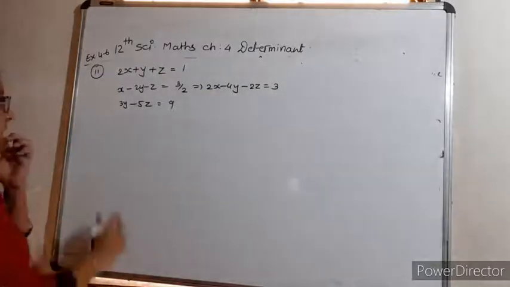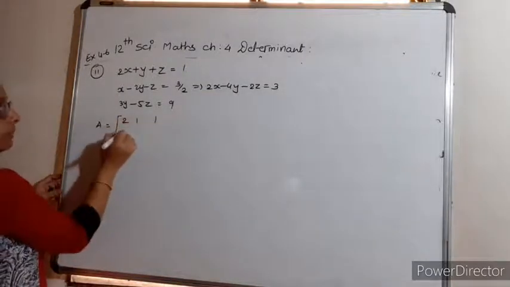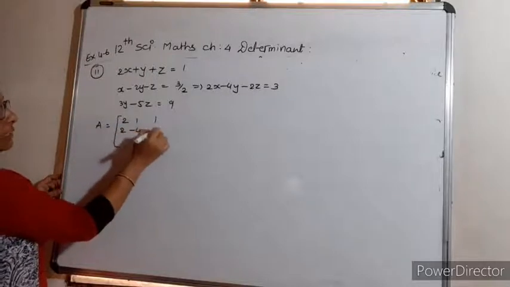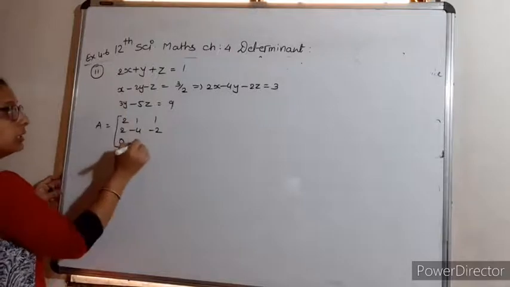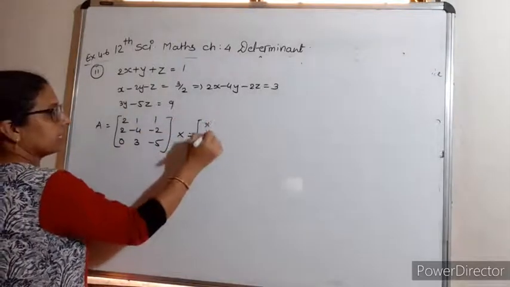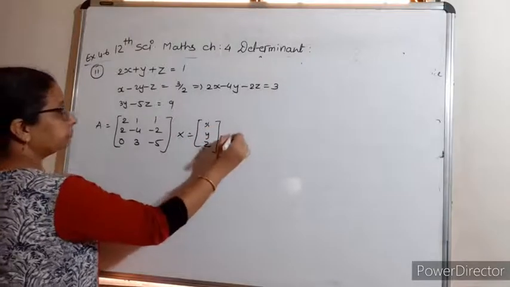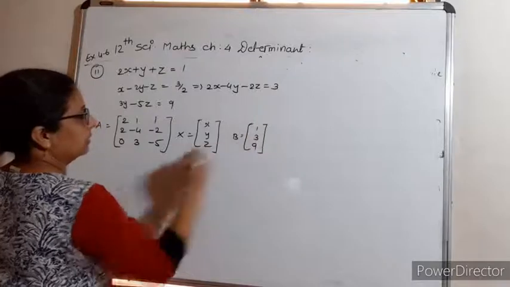Right? Yes. Now, A is 2, 1, 1. 2 minus 4 minus 2. Here x is not given, so 0, 3 minus 5. X, Y, Z, 1, 3, 9.